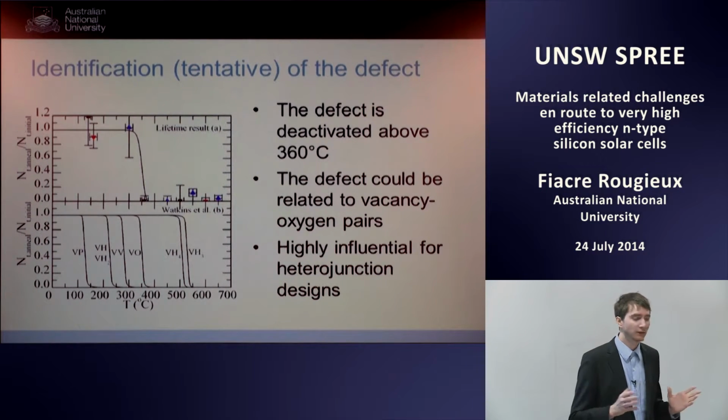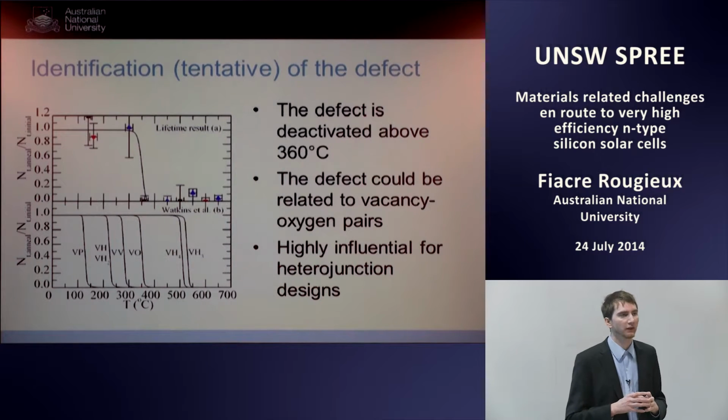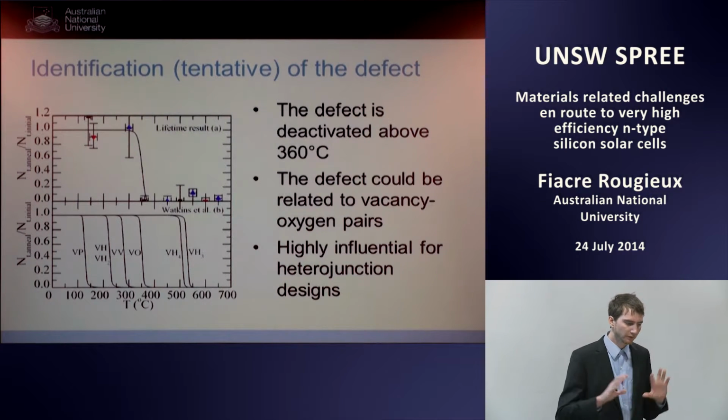So it's quite interesting that potentially, yes, in this wafer, vacancy oxygen or divacancy are limiting the lifetime, which is an interesting finding in itself. This is very early stage, and we are at the stage of verifying this through more thorough measurements.